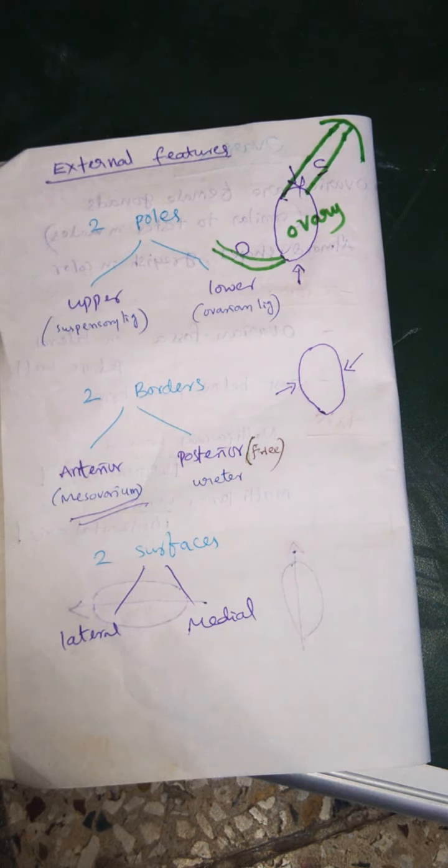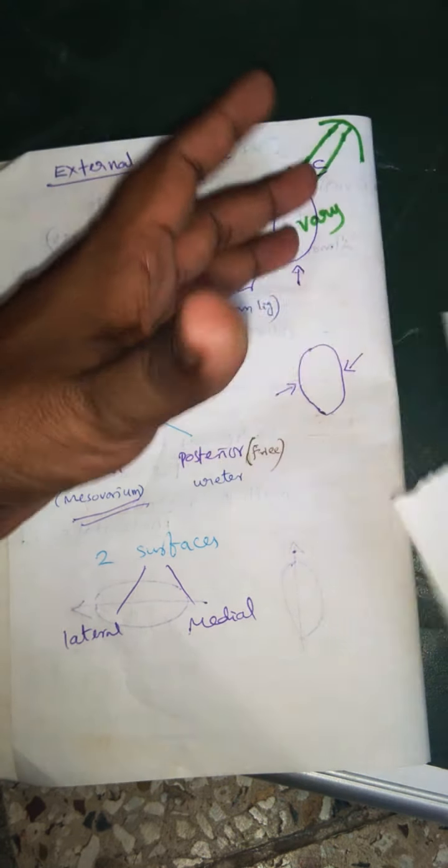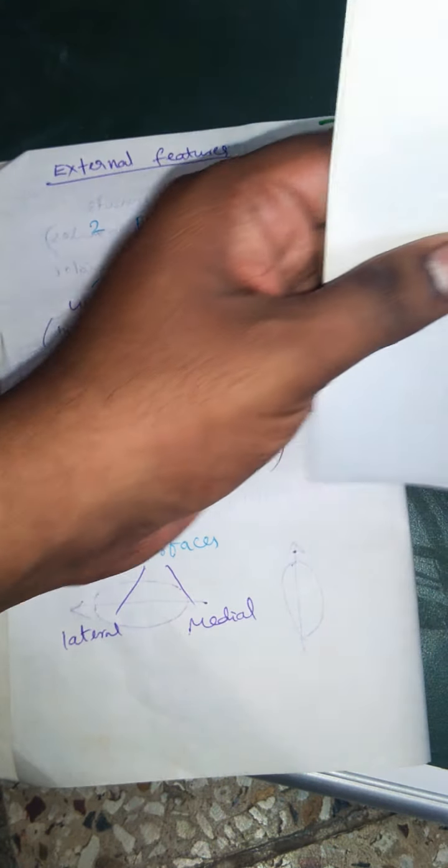The broad ligament of the uterus has two layers, the anterior layer and the posterior layer. On one side they are connected to the lateral border of the uterus, and then they go toward the lateral pelvic wall on the other side.